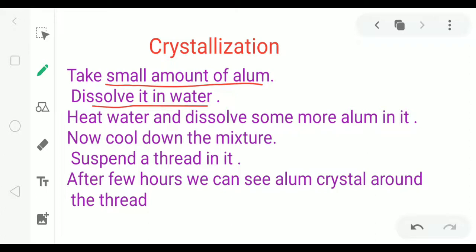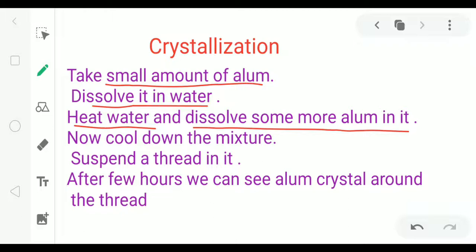Now, if we heat water, we can dissolve some more amount of alum in it. When we add some more amount of alum in it, after heating, the solution is called supersaturated solution.